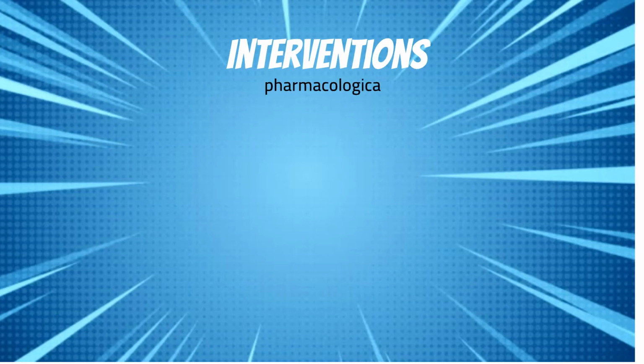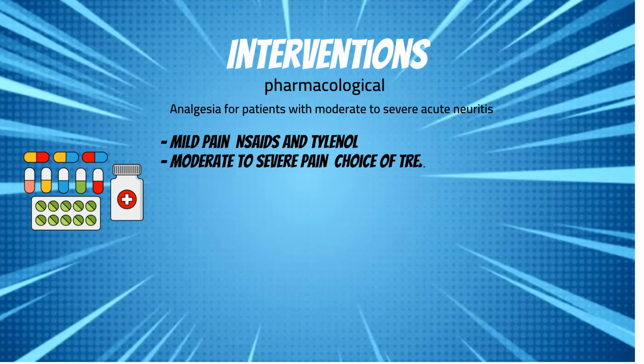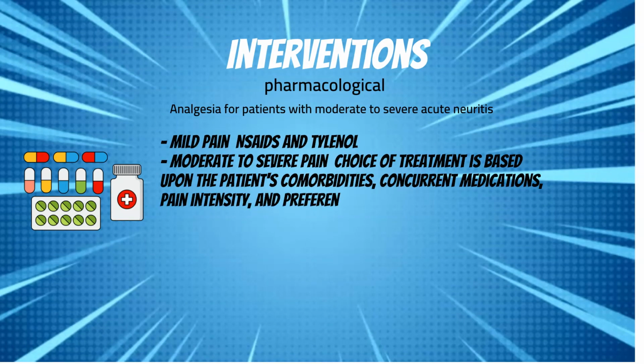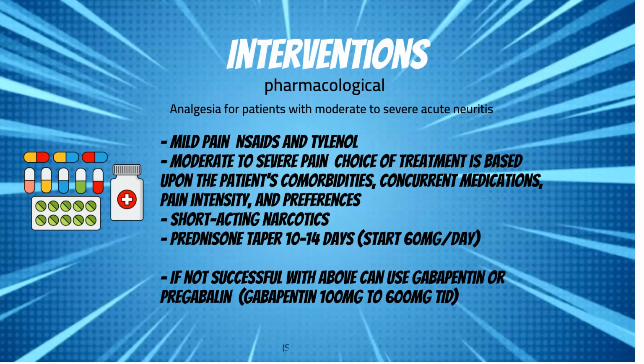to severe acute neuritis. Although the antiviral therapy spoken about before reduces the pain associated with acute neuritis, some pain syndromes associated with herpes zoster can still be severe. So we'll use the same principles as managing any pain: mild pain, NSAIDs, and Tylenol. Moderate to severe pain, your choice of treatment is based upon the patient's comorbidities, concurrent medications, pain intensity, and preferences.